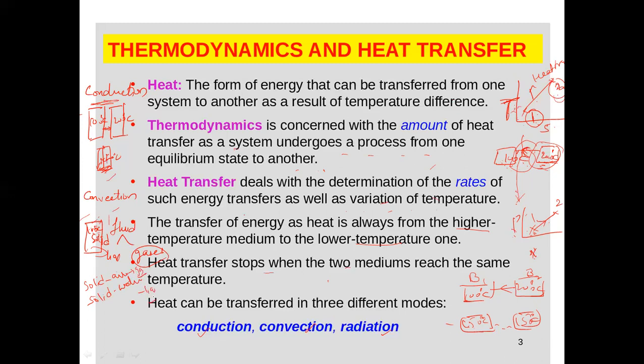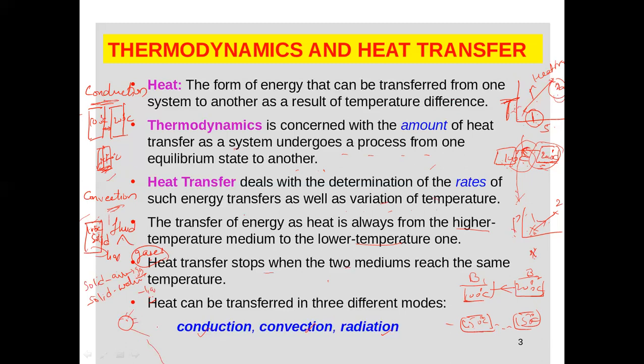So gas and liquid both are called fluids. If the heat transfer occurs between a solid medium and a fluid medium, then we say it is a convection process. And coming to radiation, radiation means heat transfer happens through electromagnetic waves. For example, how does heat come to us from the sun? Through waves. So if it comes through waves, we call it radiation.